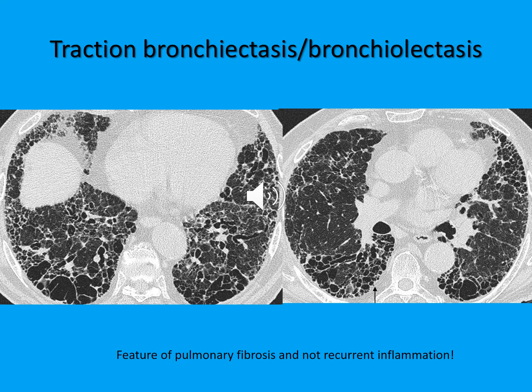These are examples of significantly abnormal airways in the periphery of the lungs affected by advanced fibrosis. And this is a feature of pulmonary fibrosis and not related to recurrent inflammation.